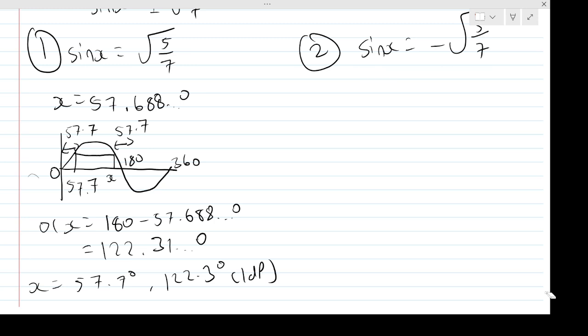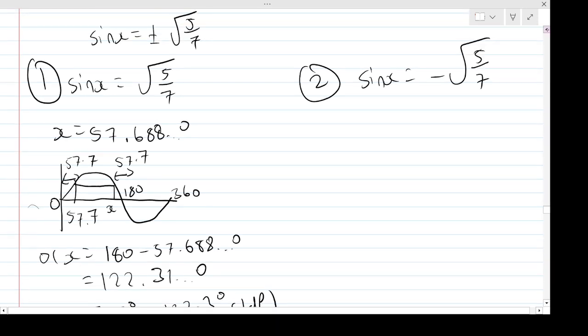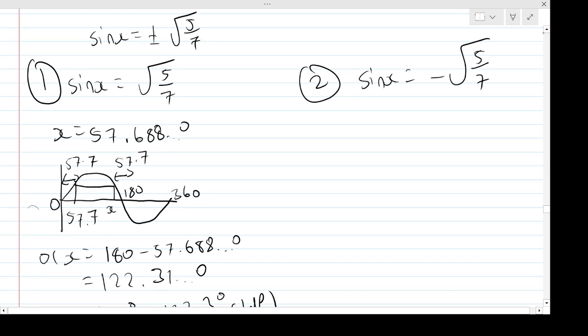Now let's solve this. So sine x is minus root 5 over 7. So if we did inverse sine, we get the first solution of minus 57.688.